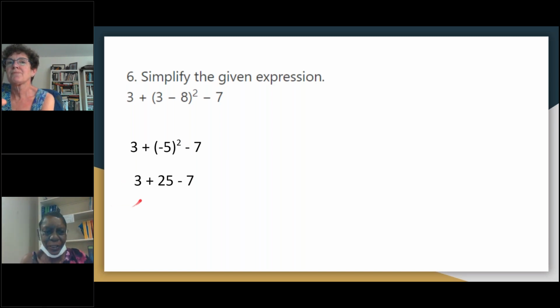Now you've got 3 plus 25. That's the next thing we do, that addition. We do whatever comes first from left to right. So 3 plus 25 is 28. And 28 minus 7.